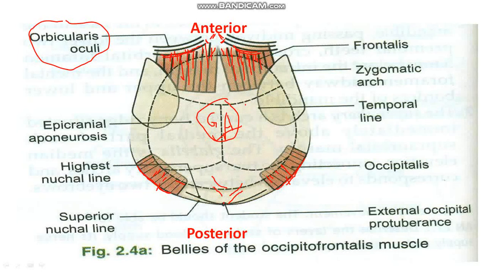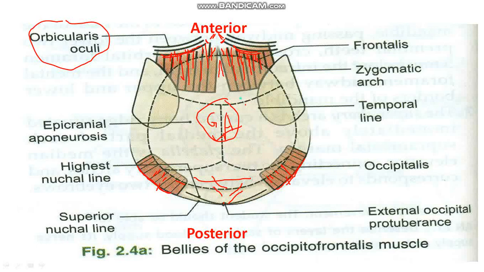So on the posterior aspect, the Galea aponeurotica is much wider, whereas here it is very narrow because the frontalis bellies are more approximated with each other compared to the occipitalis.